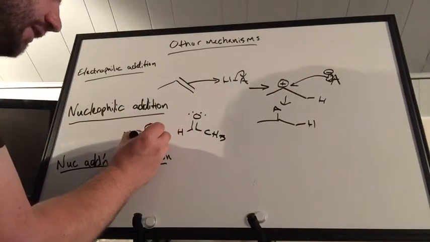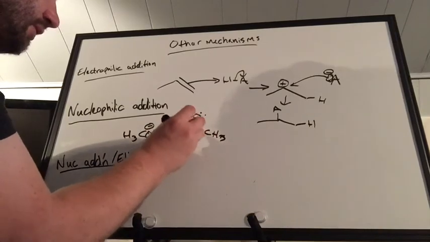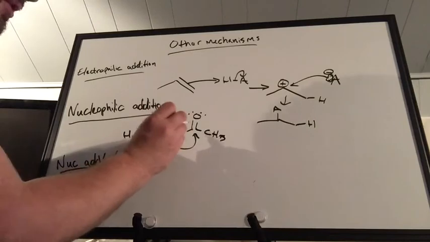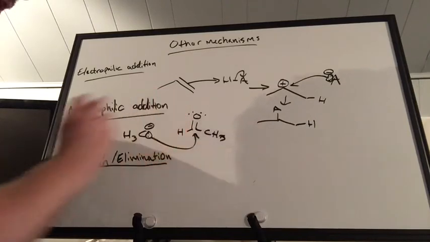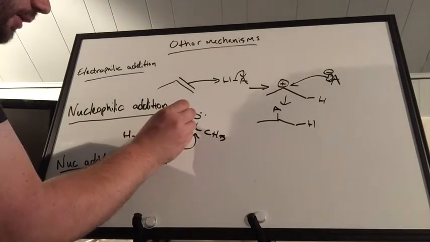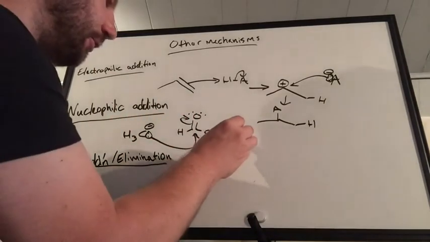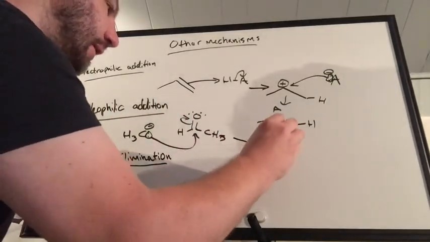So this negative charge is going to attack where this partial positive charge is, where this carbon is, so it's going to be electron deficient from, again, electrons going up. So we're going to go from an sp2 to an sp3 intermediate.